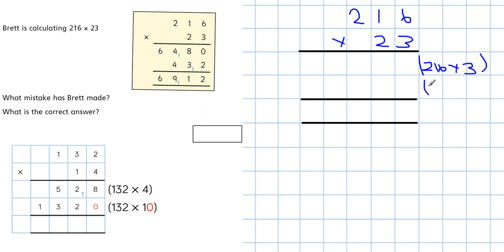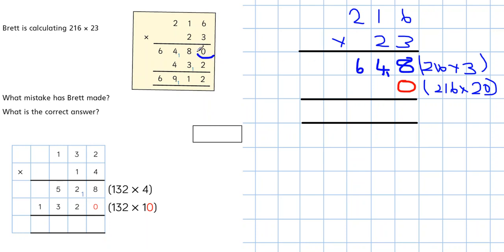And for my second row, I'm going to multiply 216 by 20. So before I do anything else, I'm going to put my 0 in there to help me out. Okay, 6 times 3 is 18. 1 times 3 is 3 and 1 more is 4. 2 times 3 is 6.